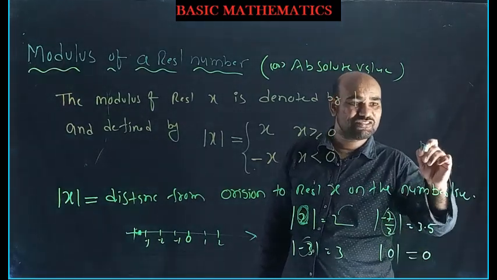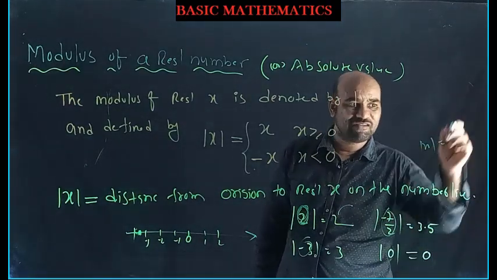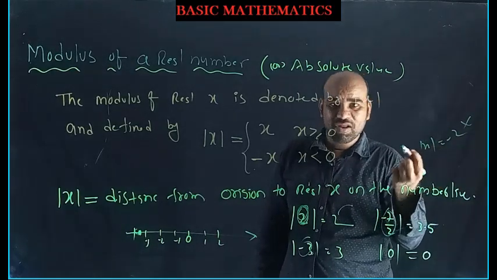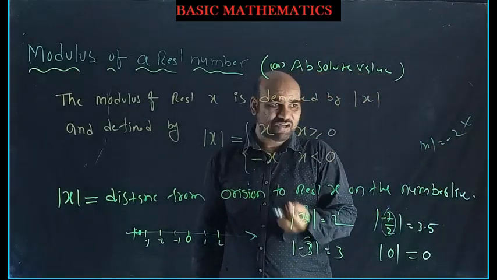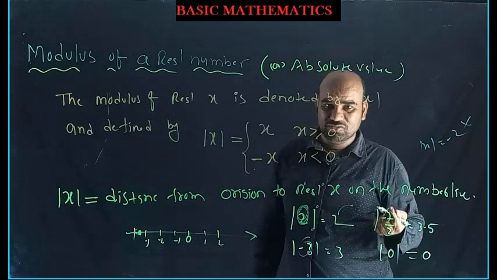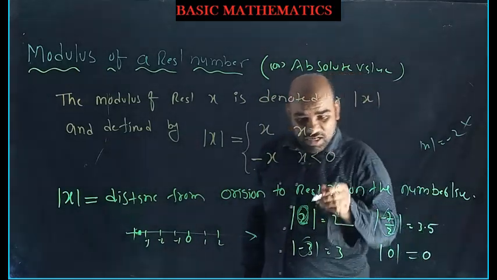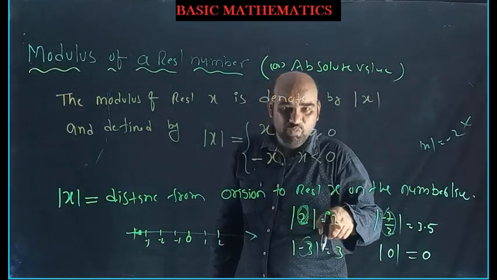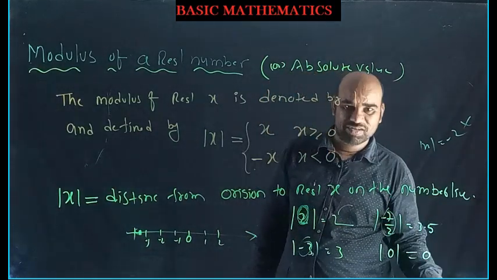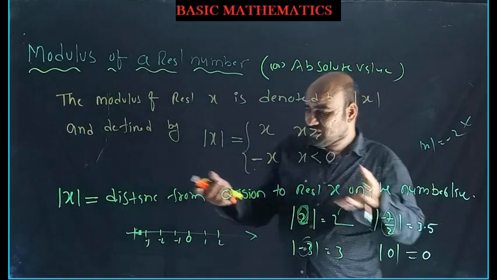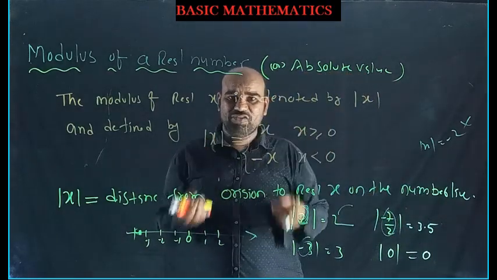That means there is no x such that mod x equals minus 2. Such a number I can't identify on the real number line, since distance from origin can't be minus 2. Distance may be 0, but not negative. Whatever your input, the output is a non-negative real number. So by using this definition only, the algebraic definition is given.